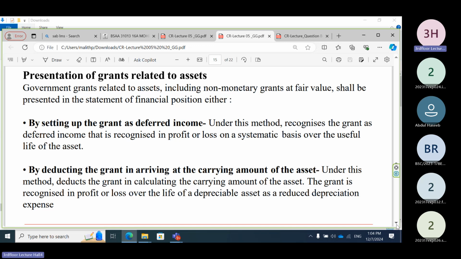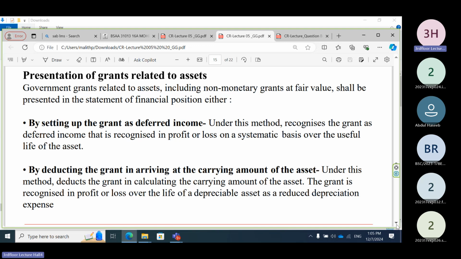So then, whatever the depreciation and income account balance, those two also net off to the P&L. So that's called deducting the grant in arriving at the carrying amount of the asset.